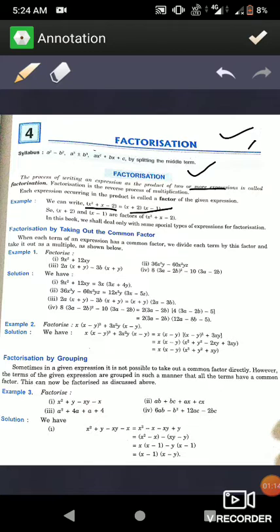So what is the definition of factorization? The process of writing an expression, that is x square plus x minus 2, as the product of two or more expressions like x plus 2 in one bracket, x minus 1 in the second bracket, is called factorization.